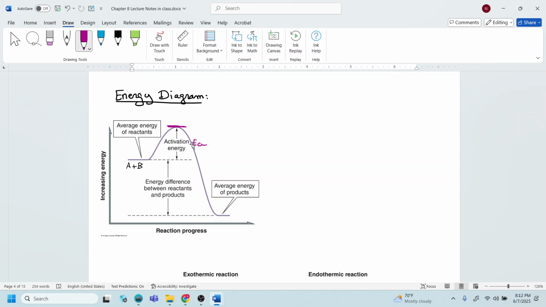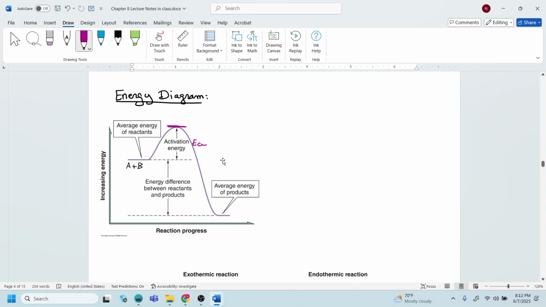So we set the rule that the lower the activation energy, the faster is the reaction. This is always the case.